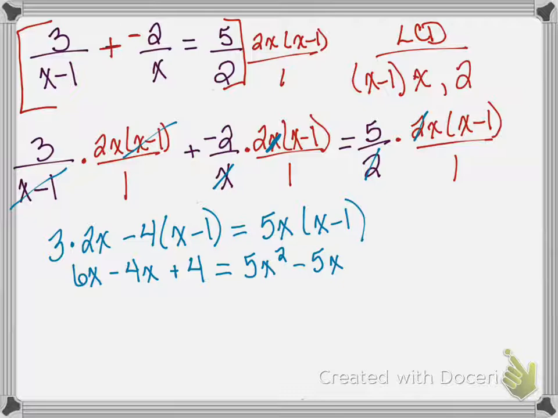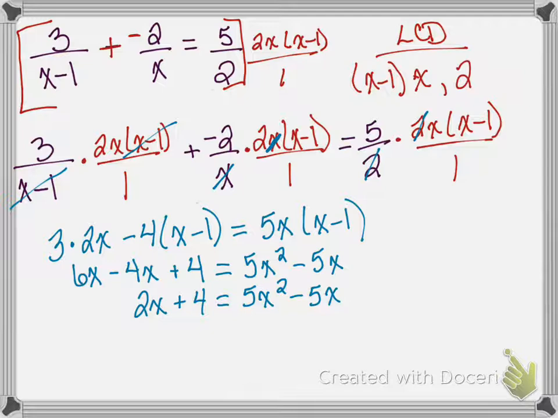Now I'm going to go ahead and combine some like terms. I have 6x minus 4x. So I'm left with 2x plus 4 on this side equals 5x squared minus 5x. Okay, I've got to set this equal to 0.